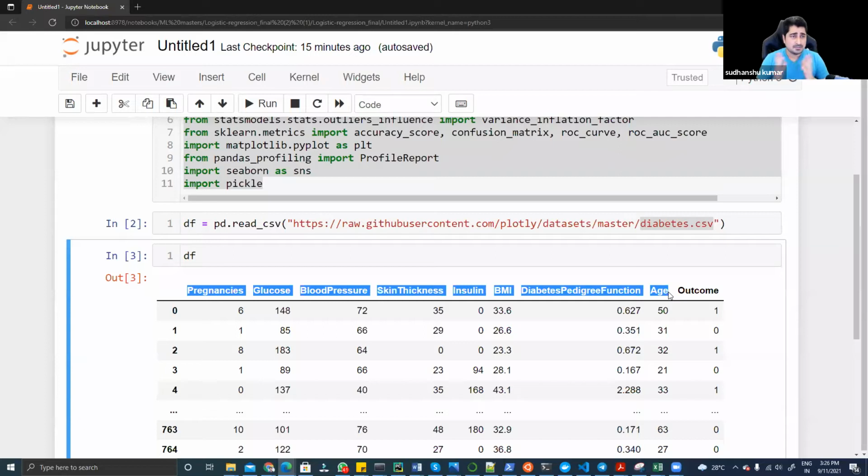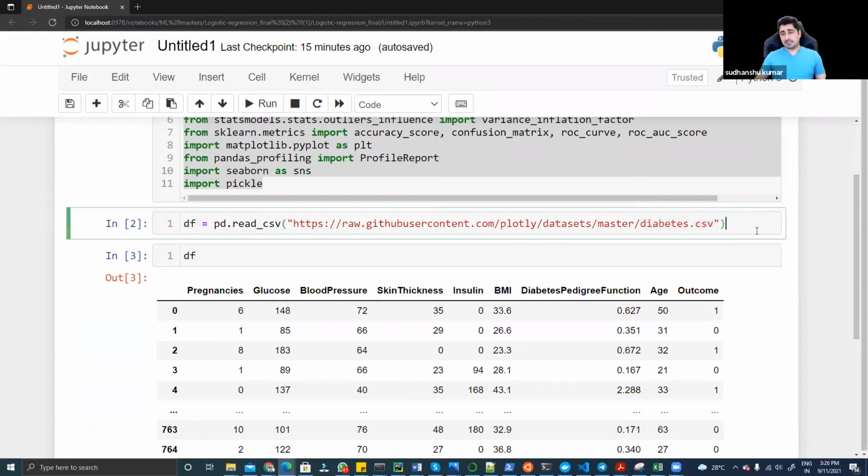This is the first observation that we have. I'm not saying that exactly this is going to help you find out whether a person is diabetic or not. But it looks like these are the features given to me, and maybe based on that, I will be able to predict whether a person is diabetic or not diabetic.